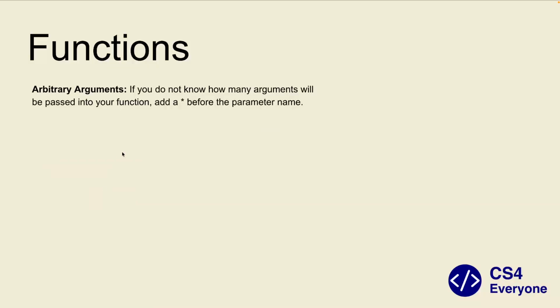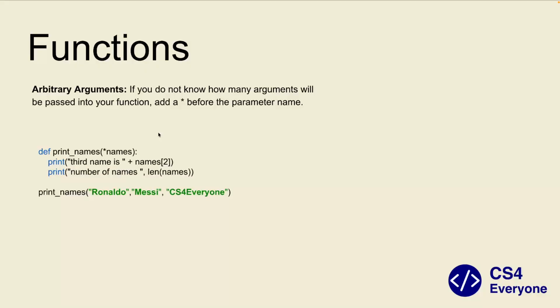Arbitrary arguments. If you do not know how many arguments you're going to have in your function, you will add a star before the parameter name. So we have our function called printNames, and here, if you don't know the number of arguments, we have a star before names. Inside that function, you have print third name is names of 2, aka the third item in names.